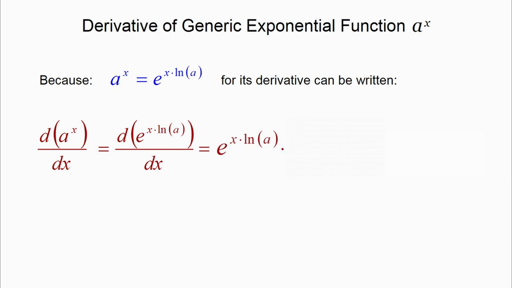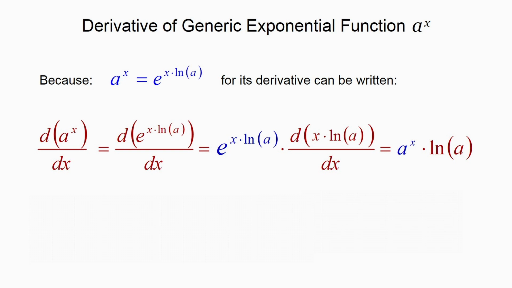According to the chain rule of differentiation, that equals the derivative of the power of e, which is equal to the function itself, times the derivative of its exponent, x times ln a. In this expression, the factor e to the x times ln a can be written back as the original a to the x, while the derivative of x times the constant ln a with respect to x simply equals that constant ln a.